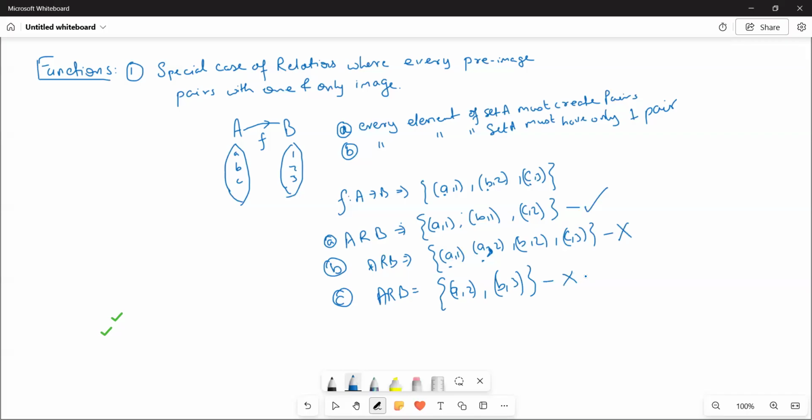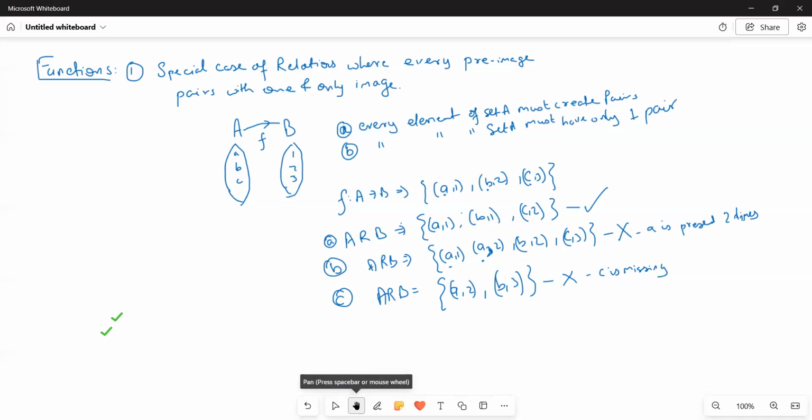Because C is missing. C का पेयर नहीं है इसमें. Clear?